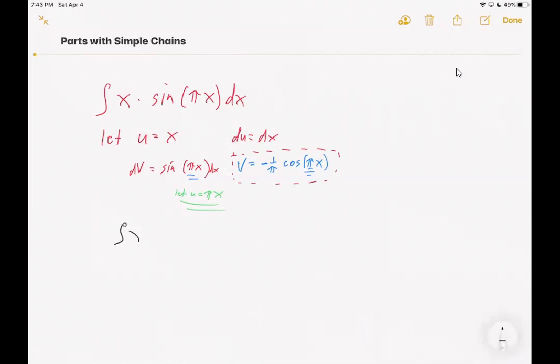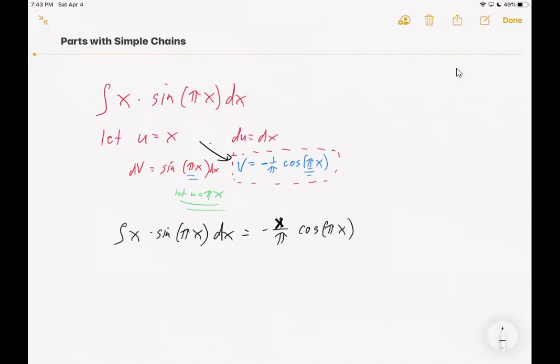We know that x times sine of pi x dx must equal uv, minus the integral of v du. So that's going to be, let's put the negative 1 over pi in front. We could put the x right on top of that, actually. x over pi times the cosine of pi x.